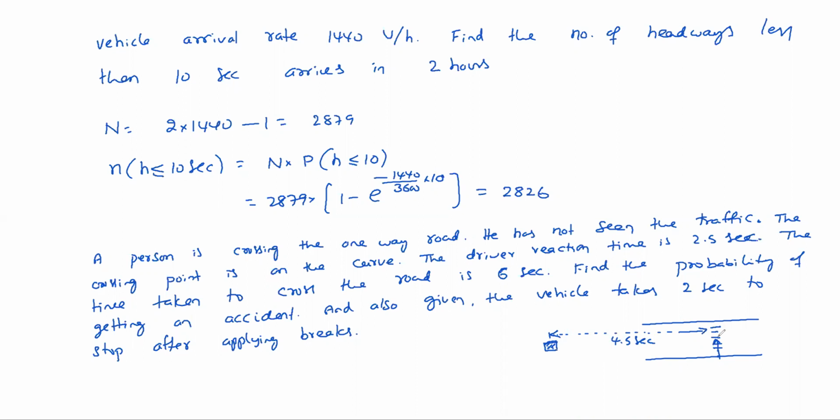Suppose headway is greater than 4.5 seconds. Just the vehicle has gone here, and after it goes, he starts his journey. Then within 4.5 seconds he has to cross. Then if headway is less than 4.5 seconds, what happens?